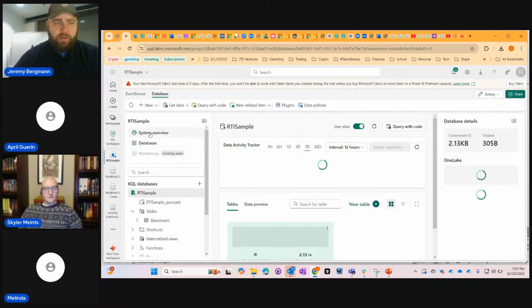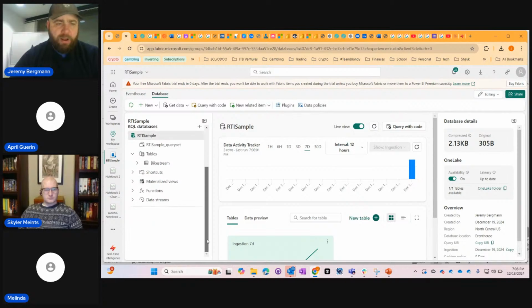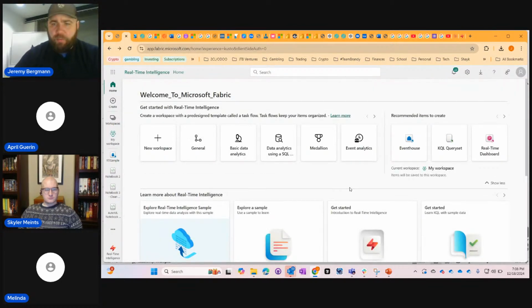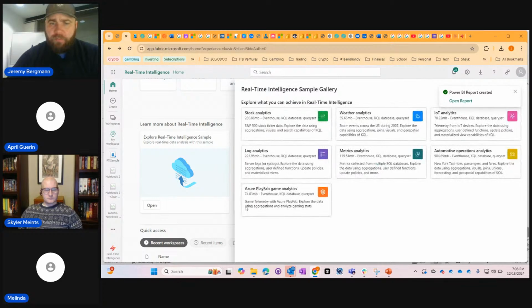And this is what it looked like. So you can see, you can set up databases and tables for streams in a similar way, create functions, track data, and so forth. But there is an example here. Explore a sample. Maybe I should do that one instead. Oh, here you go. There's stock analysis. That's the one I started to take a look at.